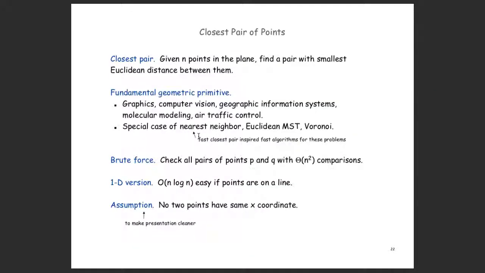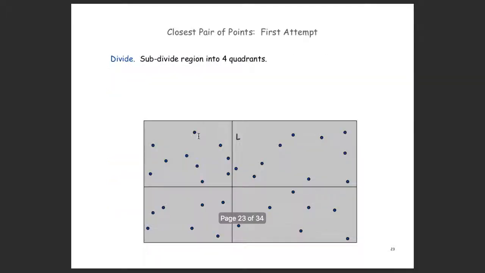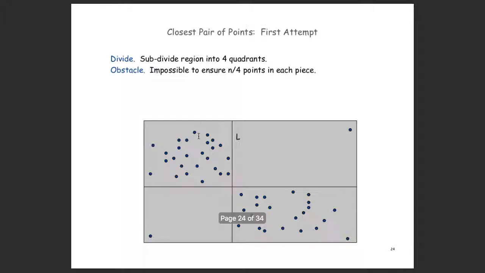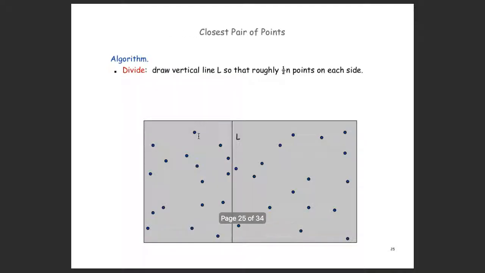To make our presentation cleaner, assume that no two points have the same x coordinate. What could we try to do? Well, I could try dividing my region into 4 quadrants, but it doesn't really guarantee a clean division.